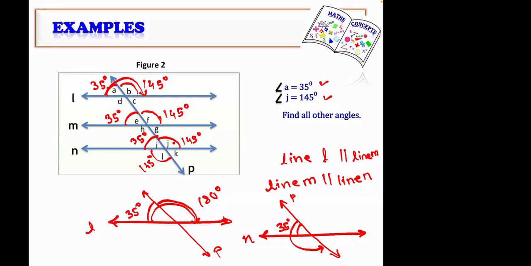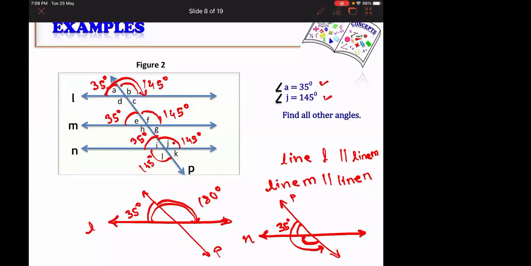So this again is a straight angle, so this much would be 180 minus 35, that is 145. The easiest way is to go with vertically opposite angles. So if J is 145, L has to be 145 degrees. Let me check if I can erase this.